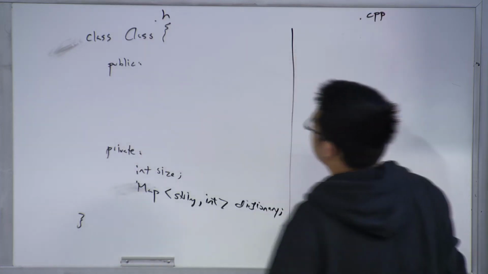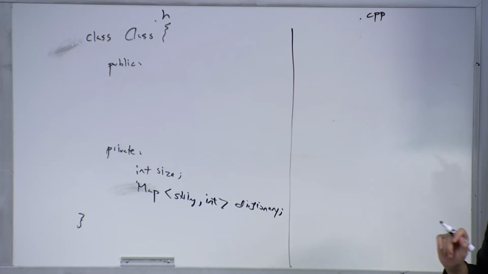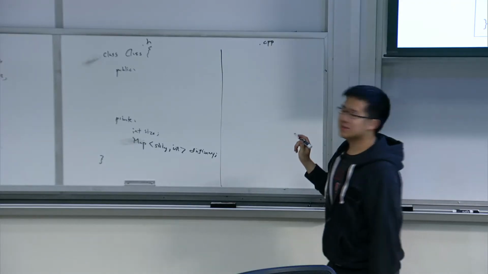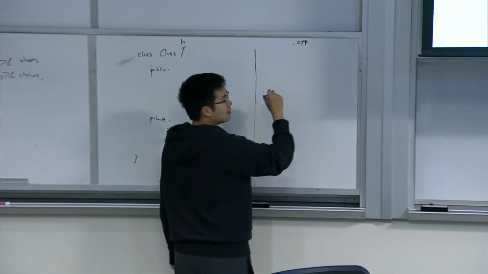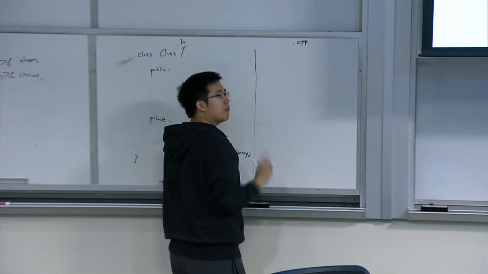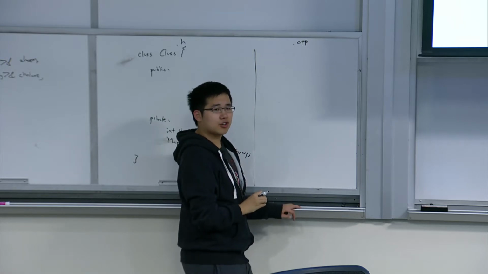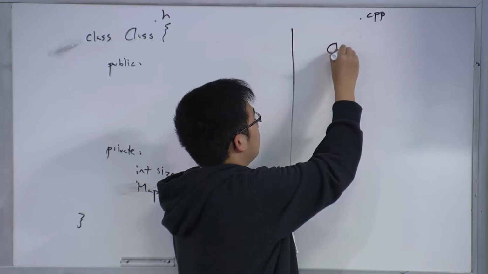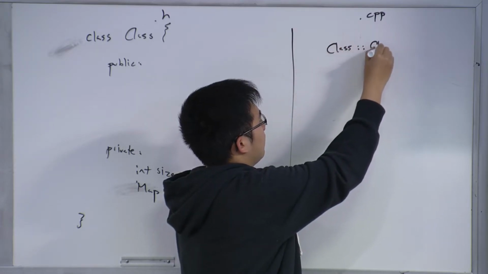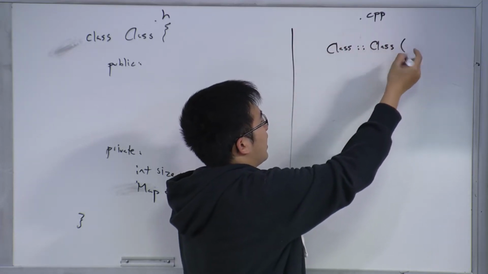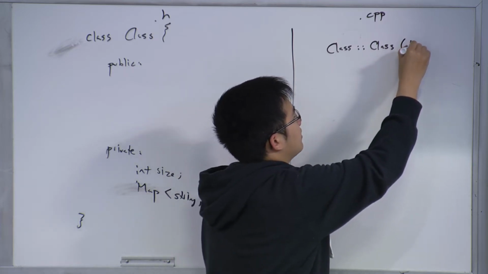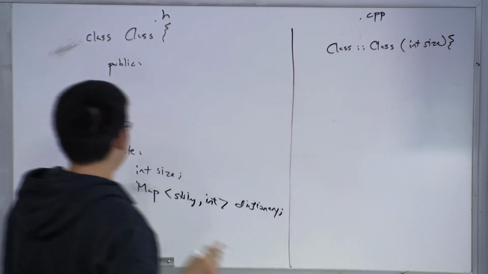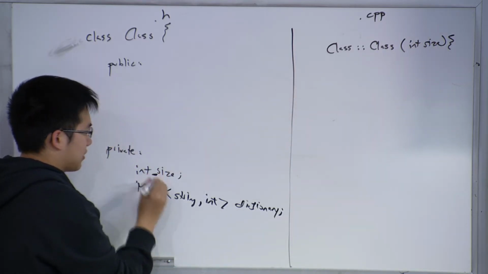Do you remember the syntax to make the constructor? Constructors don't have a return value, and you write the class name, then the colons, then the class name again. Let's say we put a parameter int size. By naming convention, we start these with an underscore.